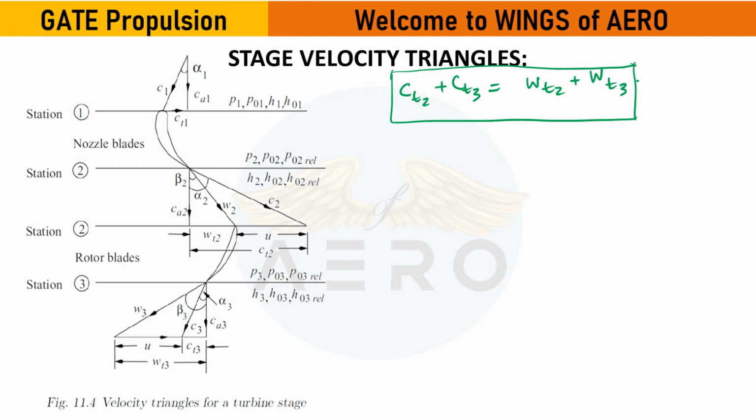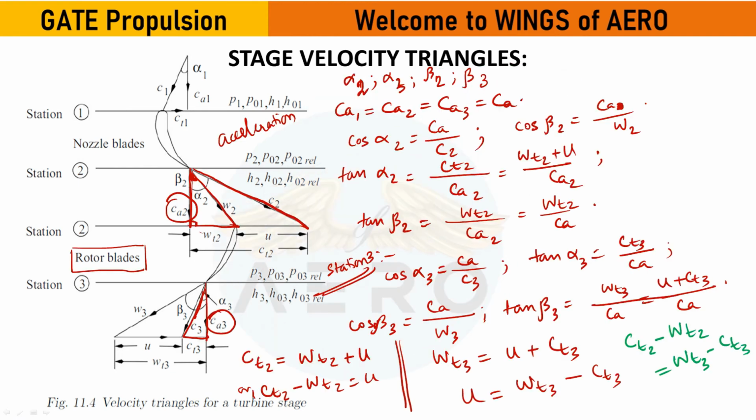Okay. Now you see what is meant by CT2. Did you get any relation with CT2? See here, CT2, we got this relation. Then we had another relation with WT2.